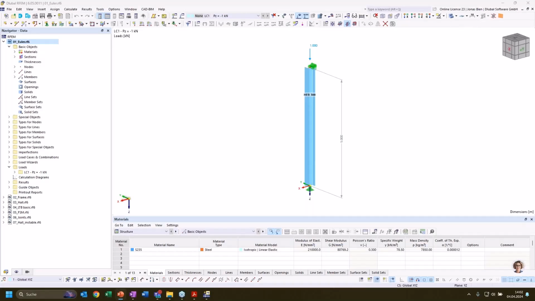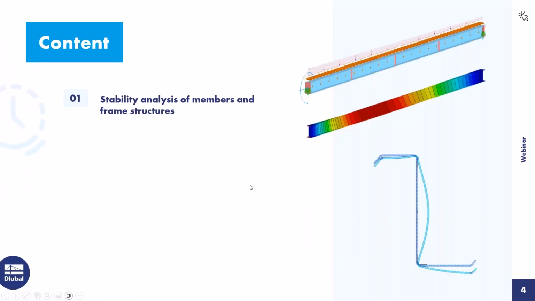Yes, let me quickly share my screen. Could you give me some feedback if it works? Yes, that's fine. Okay, so you should see my table of content now. Thanks Andreas for the introduction. Within this webinar, I want to show you the linear stability or bifurcation analysis that we can use in RFEM 6 as a tool to assess structural stability.